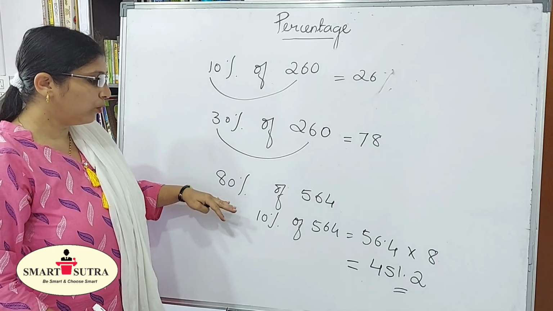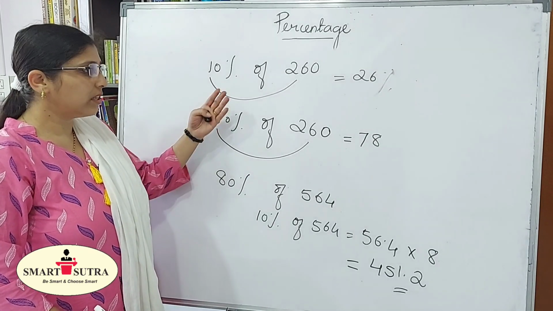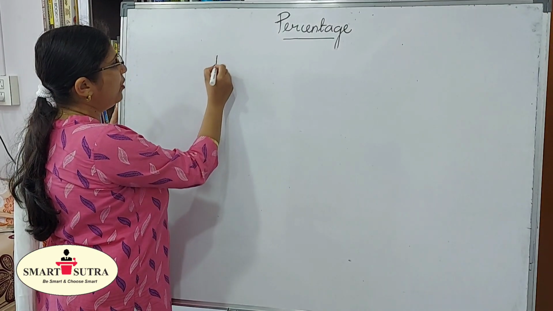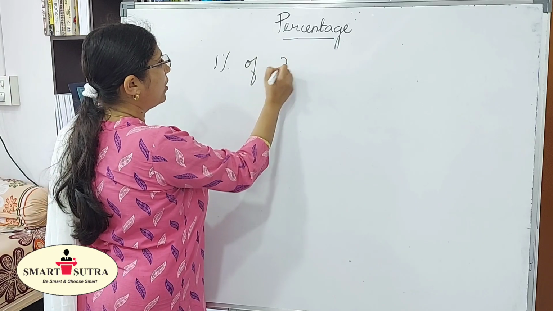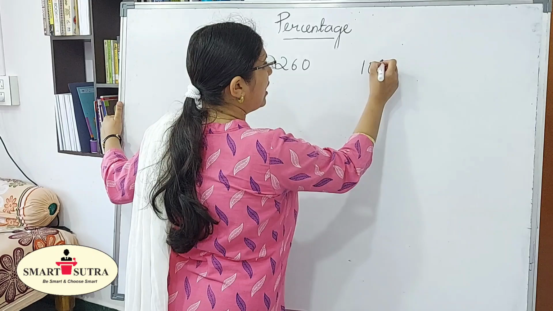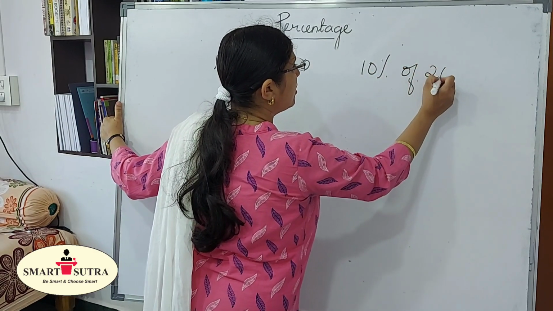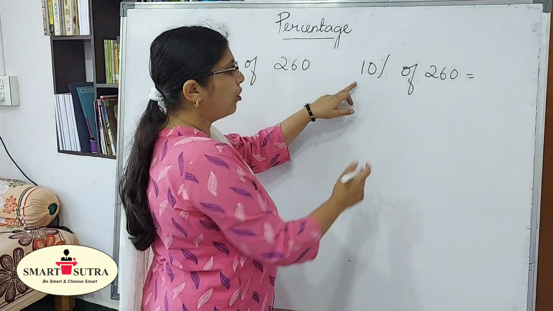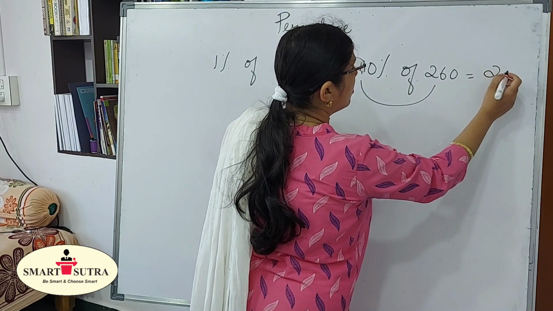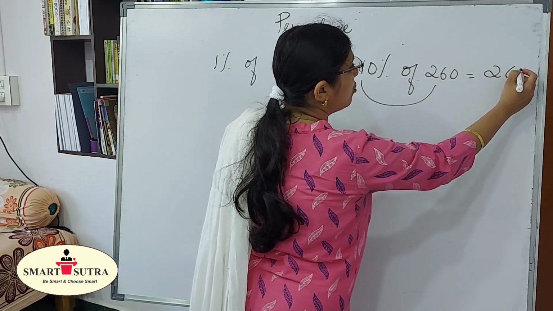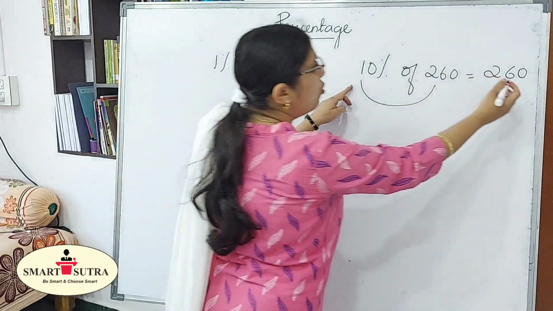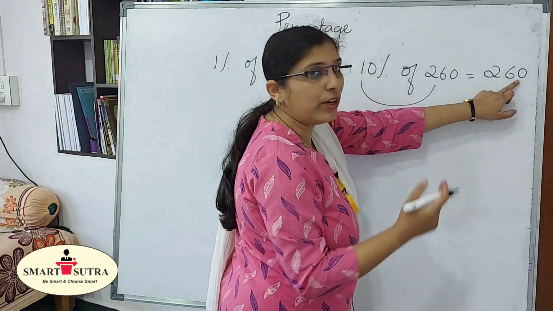This level you will find very useful in some more problems. So when we have to find 1% of 260, earlier we took the example of 10% of 260. 1 into 260 is 260, and when it is 10%, just put one decimal point after one digit.